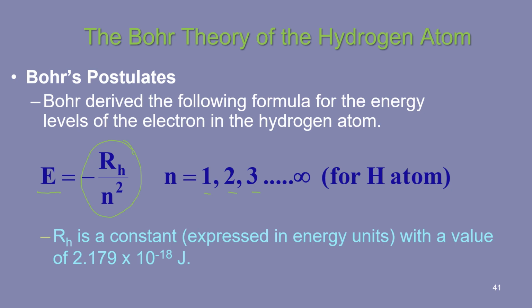For the second level, it would be negative 2.179 times 10 to the minus 18th divided by 4, 2 squared. And so you can see that the numbers are getting smaller and smaller, but they're really getting bigger because they're getting less negative. So just keep that in mind. We'll look at that again in a minute.